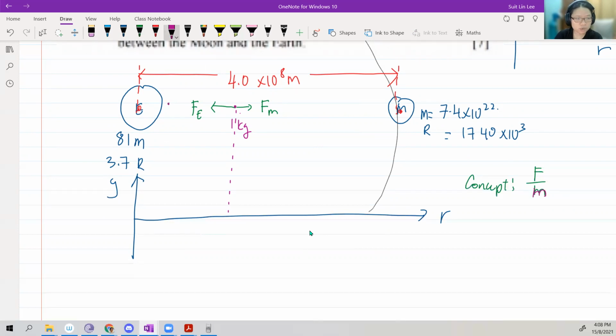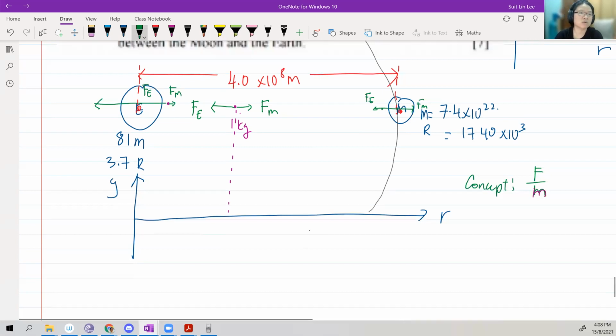Of course, when we are very close to Earth, the gravitational attraction of Fe will be very, very big. Whereas the gravitational force of the Moon is just very tiny here. Whereas at this point, Moon will be big and Fe is small. Okay.